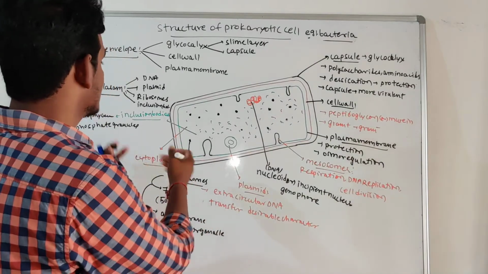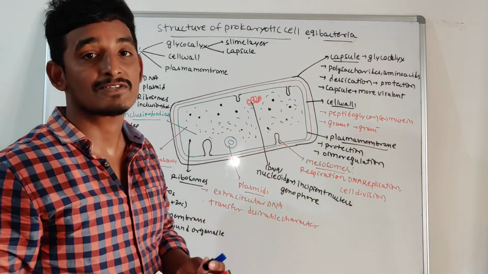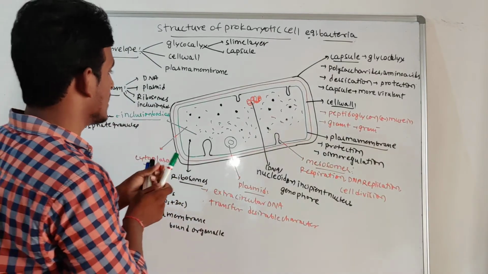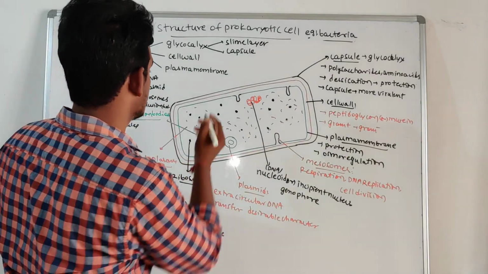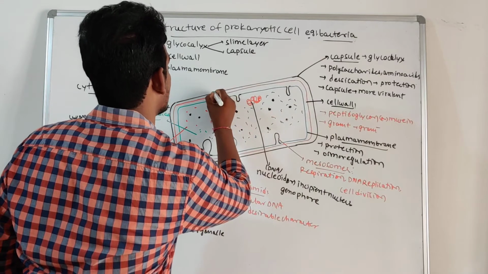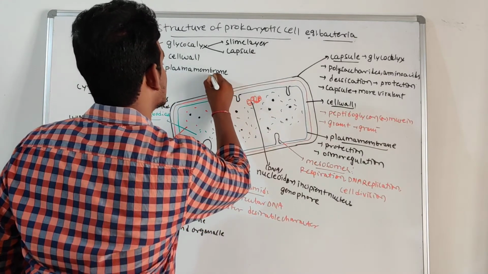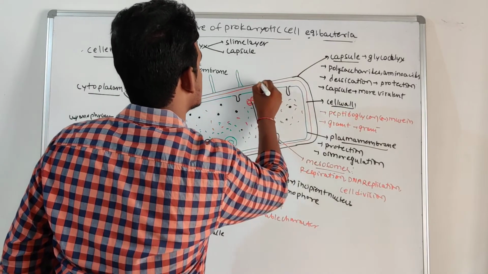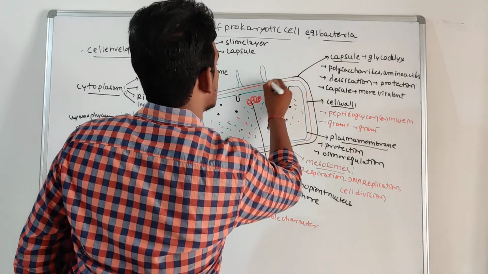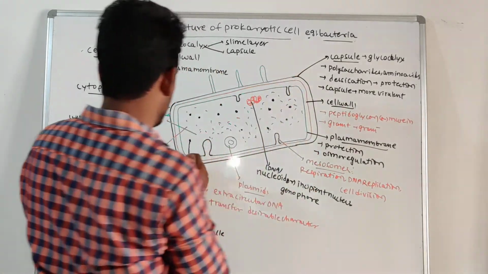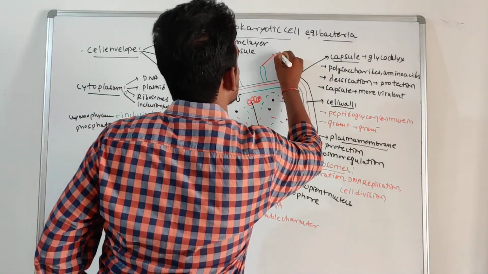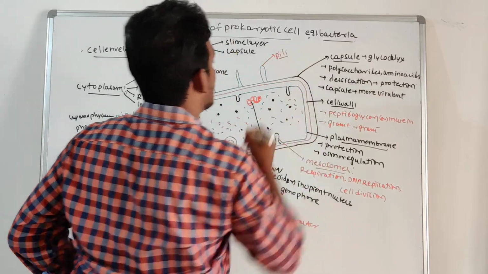Later on, some surface appendages are also present. On the surface of the membrane, there are some extended, pillar-like structures. These structures are called pili.